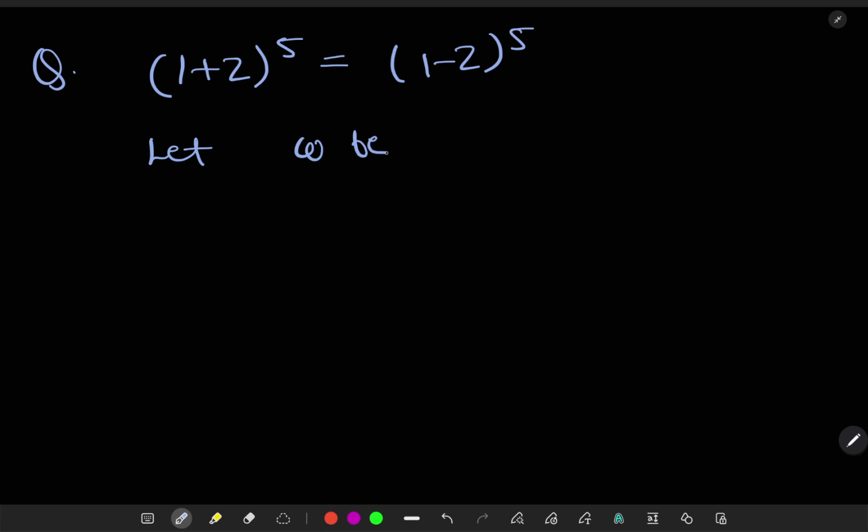Let's do another question. In this question we need to find all roots of this given equation. Let omega be a fifth root of unity.